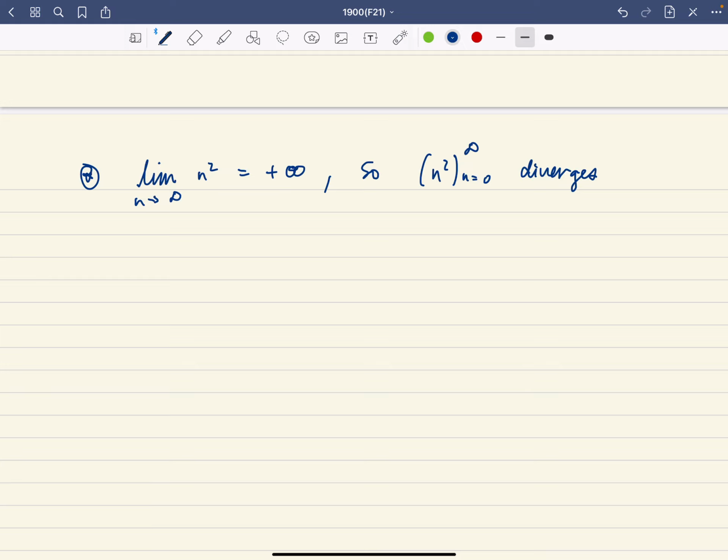Before I get to that, let's deal with the limit definition, the epsilon definition of this limit, once and for all.